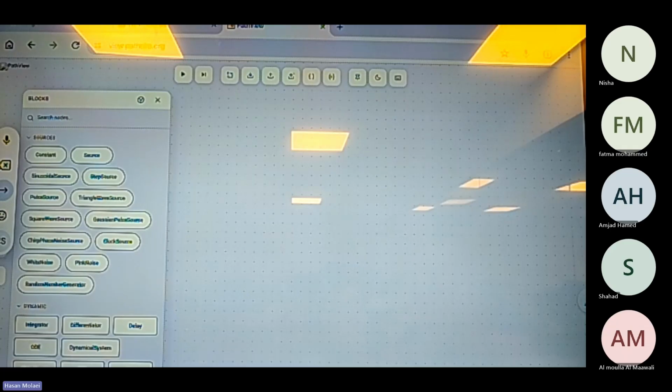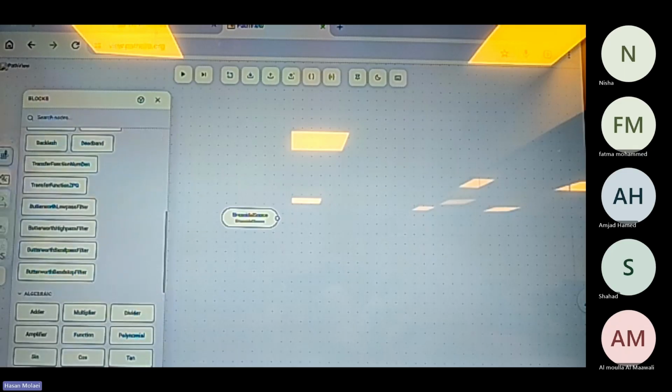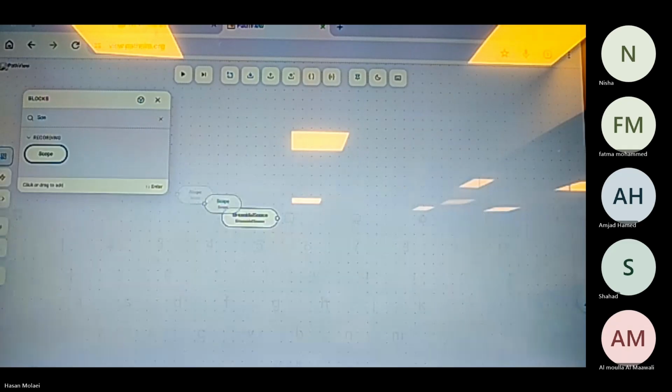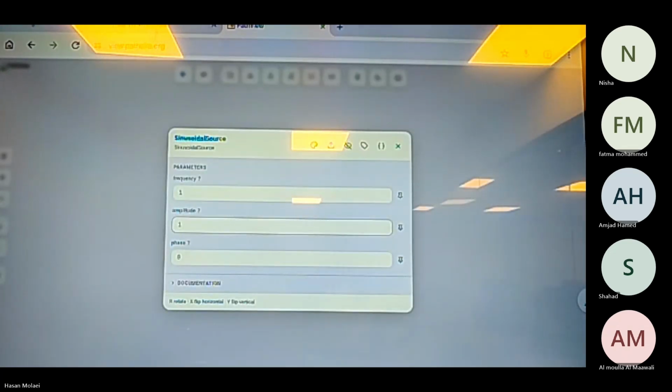We want to have a sinusoidal source, and we want to see its output, how its waveform would be in the time domain. What are the parameters of the sinusoidal source?